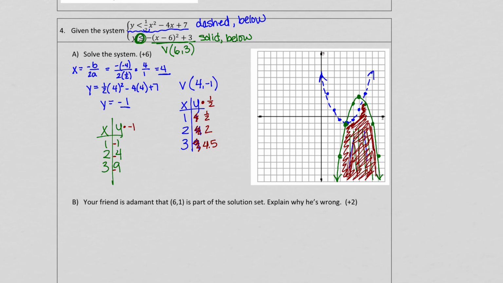There should be no shading in between that region that's trapped between the parabolas. It was only here. The A has this as the solution, okay? The work over in the blank spot was just whatever you needed to do to be able to graph those parabolas correctly, dashed, solid, shaded in the right spot.